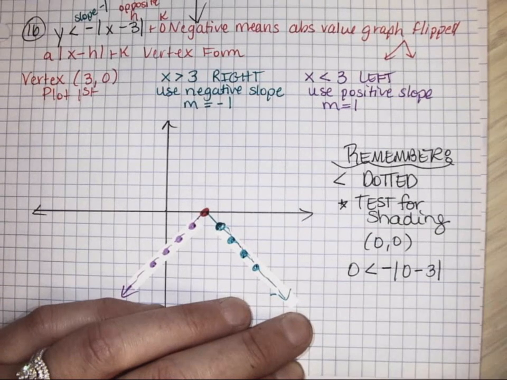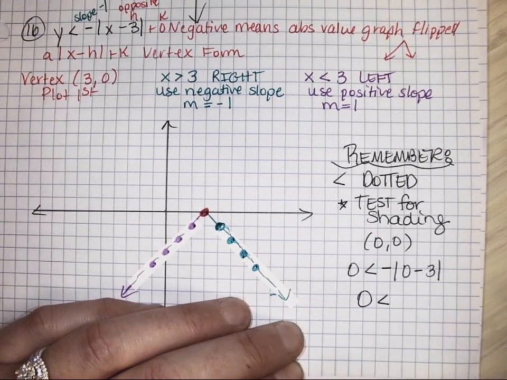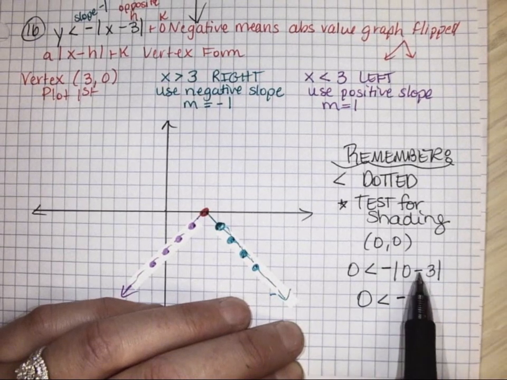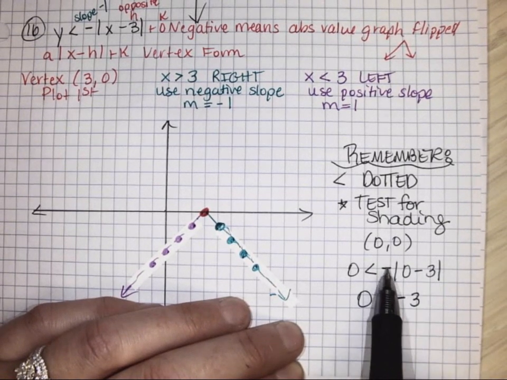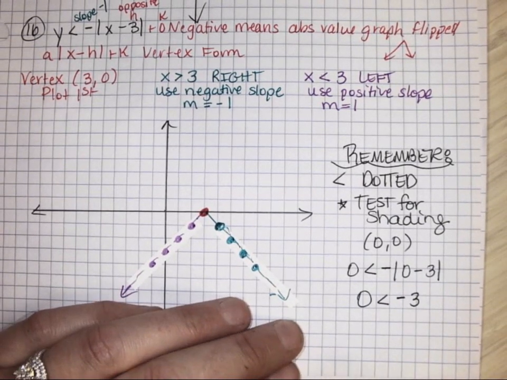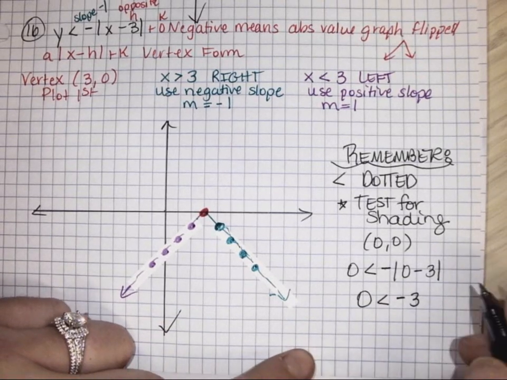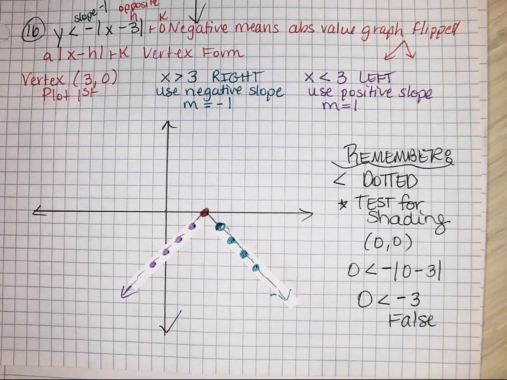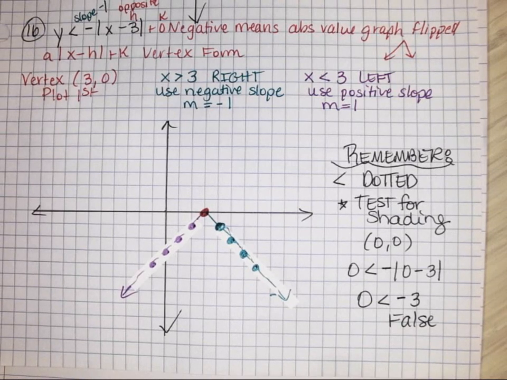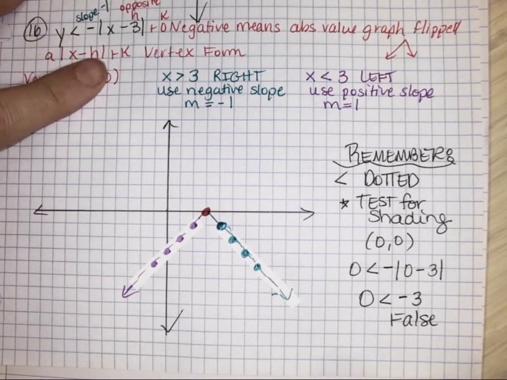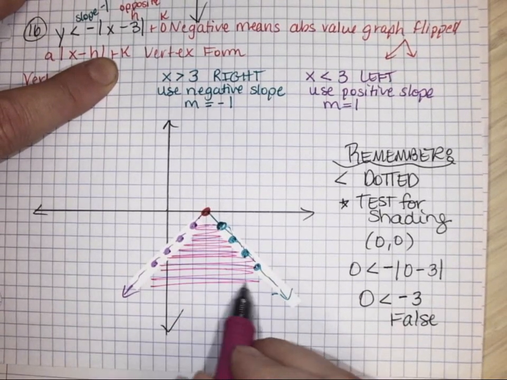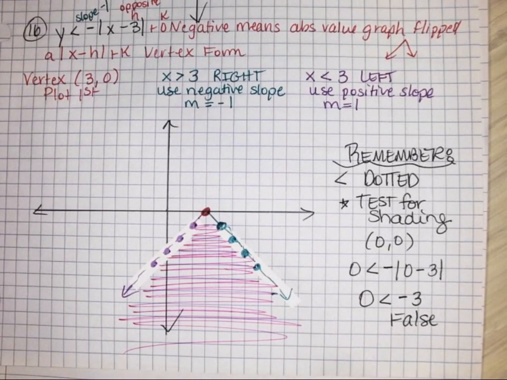Let's see if I get a true statement. 0 is less than -3 because the absolute value of -3 is 3, and then that still keeps it negative. And so that's false. 0 is not less than -3. So I shade here in this area.